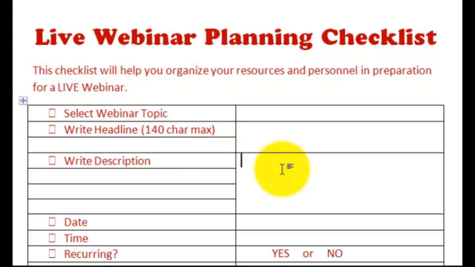Write a description about the webinar. Write a description here, the date that you're going to have the webinar, the time of day that the webinar will take place. Make a note if this is going to be a recurring webinar.